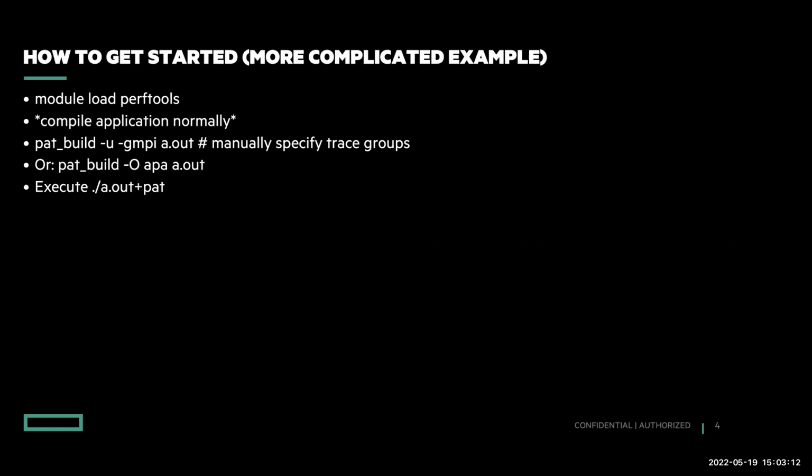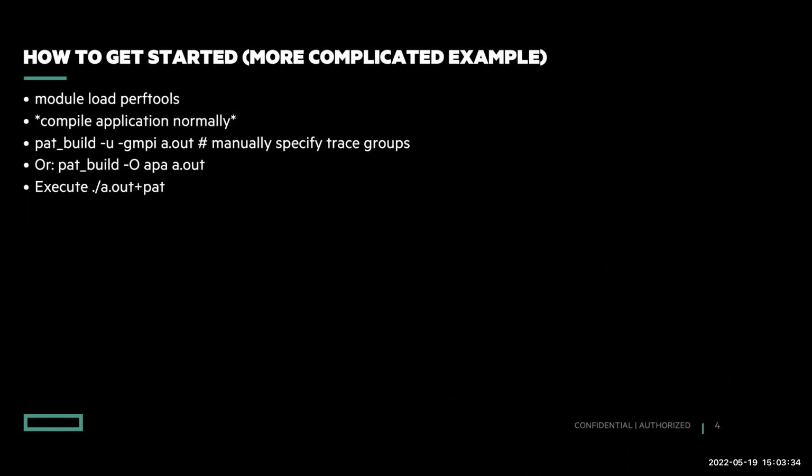Well, rather than using one of the light mode modules, you'll do a module load perftools and compile your application normally. Now here's where you have to be aware of the differences in your binaries between the light modes and the perftools module method.